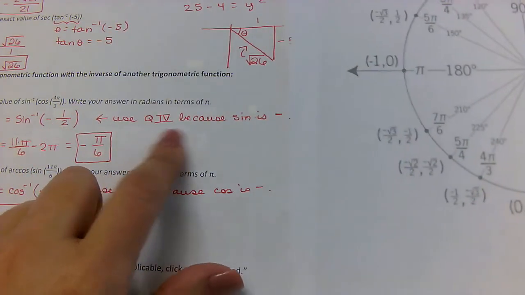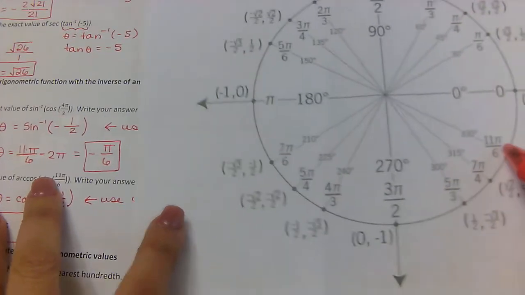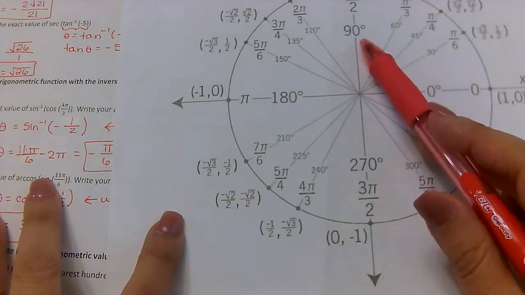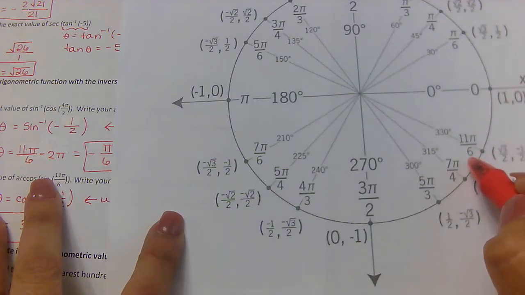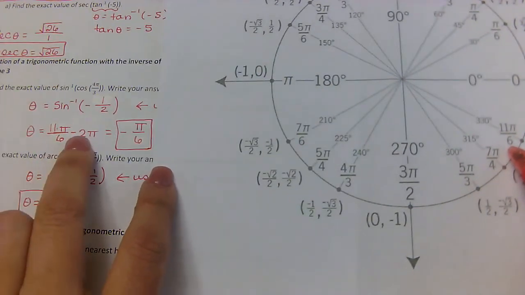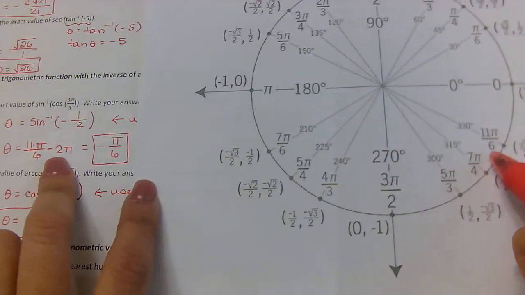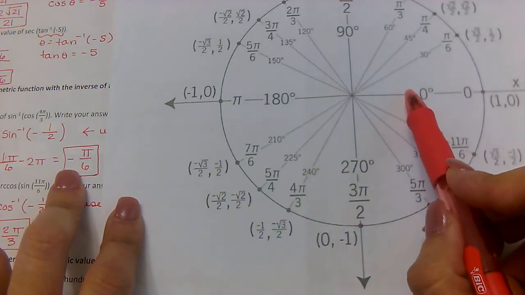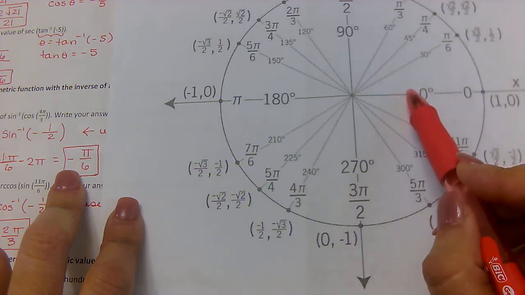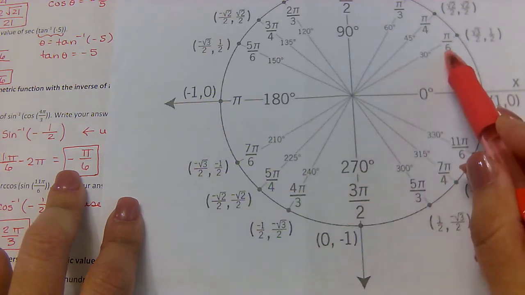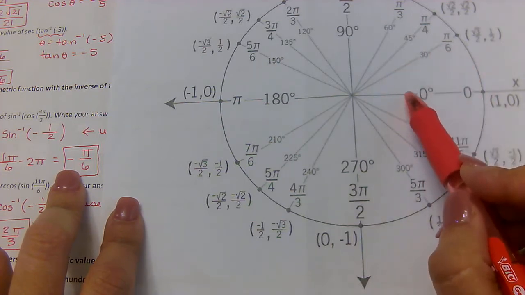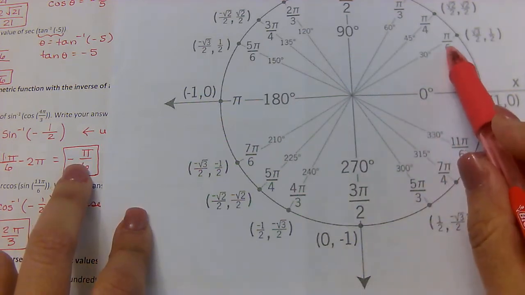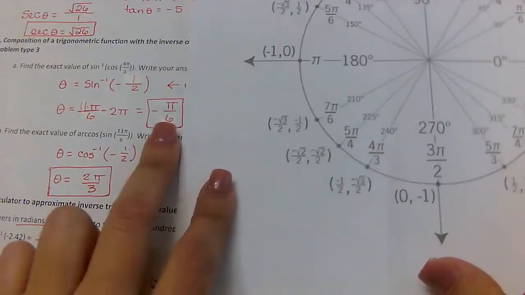However, remember, you need to use an angle between negative pi over 2 and positive pi over 2. So the answer of 11 pi over 6 is not going to be correct. Subtract 2 pi and you'll get negative pi over 6. Or if you remember, if you're going in an up direction, it would be one line, positive pi over 6. If I go down one line, the down means negative and it's still going to be pi over 6. Okay, so either way.